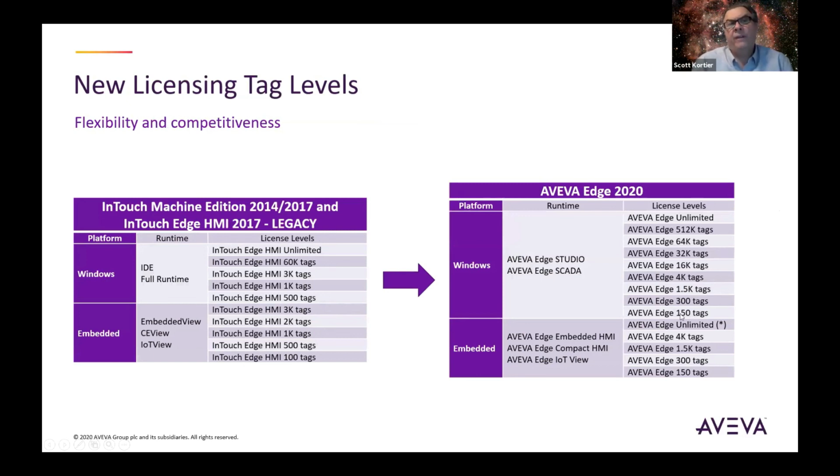We've restructured this, added a few more layers in there, and given you some better price points. So, for example, if you were at 1,000 tags, now you'll be at 1,500 tags for the same price point. 3,000 tags will get you 4,000 tags for the same price point. A little bit more granularity and a little bit more tags to help you with that flexibility and competitiveness against competitors as well.